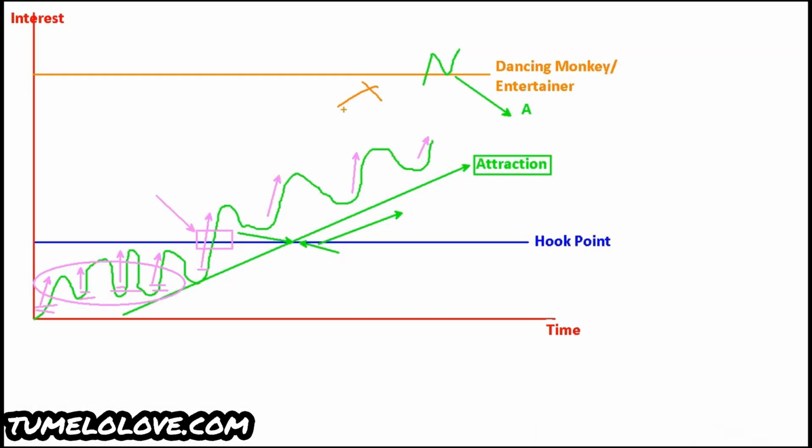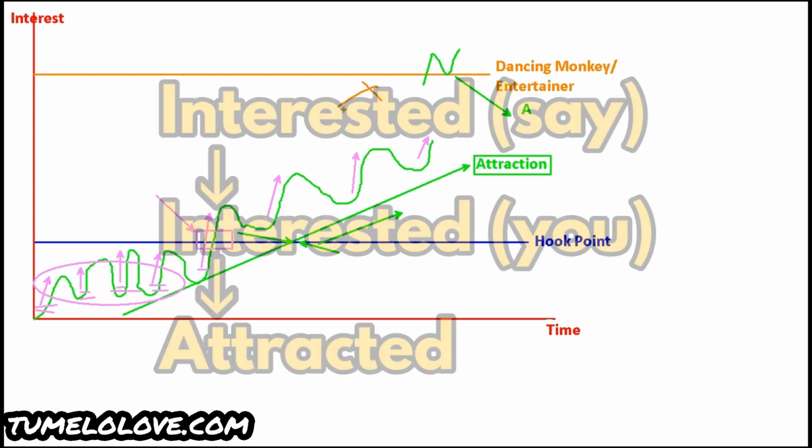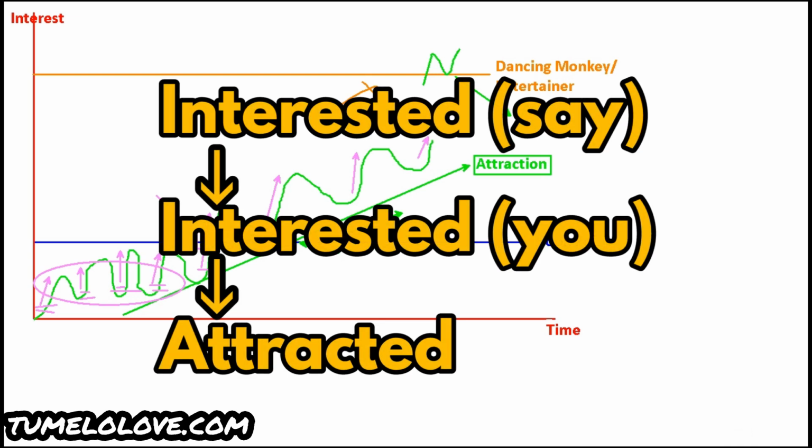It needs to get to the point where she's interested in what you have to say, to the point where she's interested in who you are as a person, to the point where she's actually attracted to you as a person. So it could start off where she's interested in what you have to say, then she's interested in you as a person, and then she's actually attracted to you.